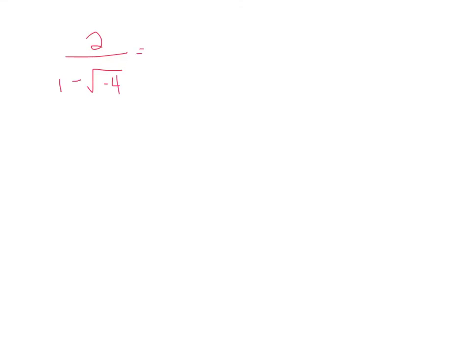Earlier I said you always want to change those negatives under a radical into i's first, so we're actually going to make this 1 minus 2i. Okay? So the fact that there's an i in the denominator tells me there's a radical in the denominator, and I can't have that, so I'm going to multiply by its conjugate, which is 1 plus 2i, top and bottom, right? Anything over itself is 1, so I multiply by 1.